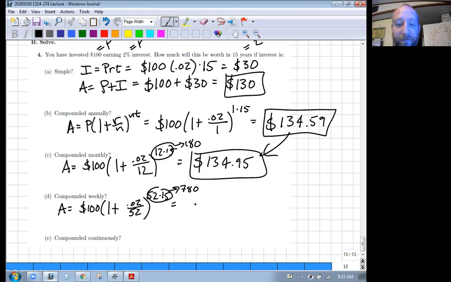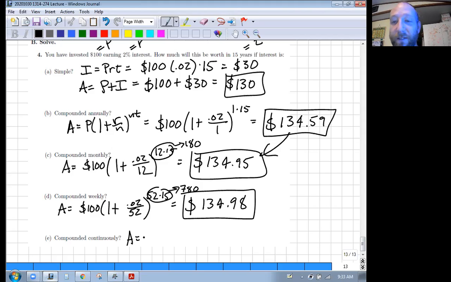If I figure that out first, I can more easily calculate this. 0.02 divided by 52 plus 1 to the power of 780, times $100. This gives us $134.98. So 3 more cents going from monthly to weekly. That's the extra interest on top of interest on top of interest.